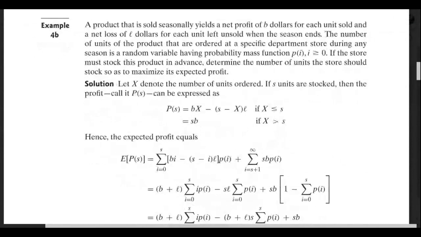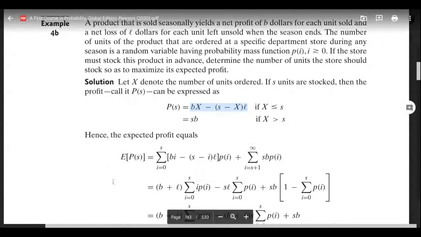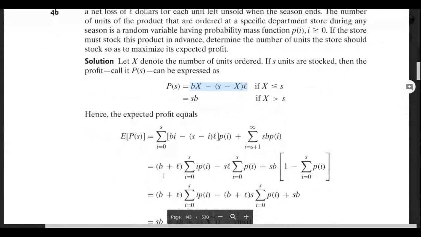Okay, so if everything is sold, we have the second one. If we do have some unsold, we have the first one, hence expected profit equals to, BI, so we sum up all this. BI, right, the X value for I, subtract X minus I times L, multiplied by each one's probability.